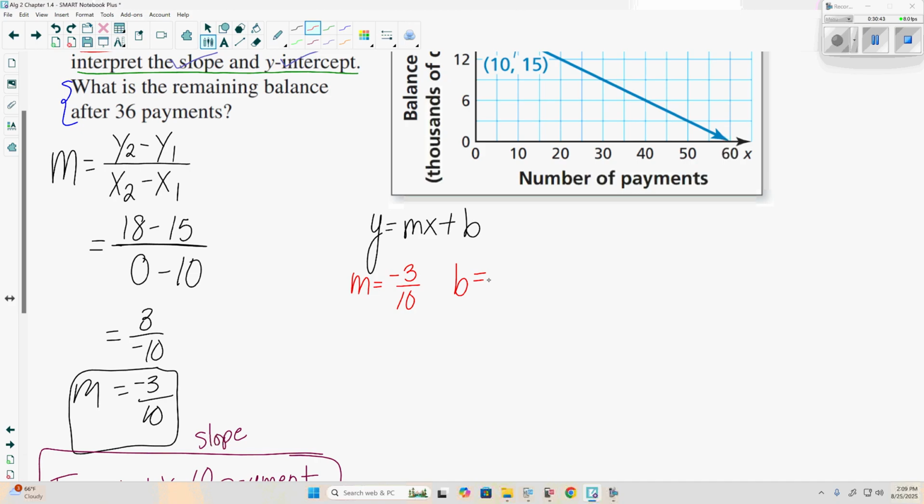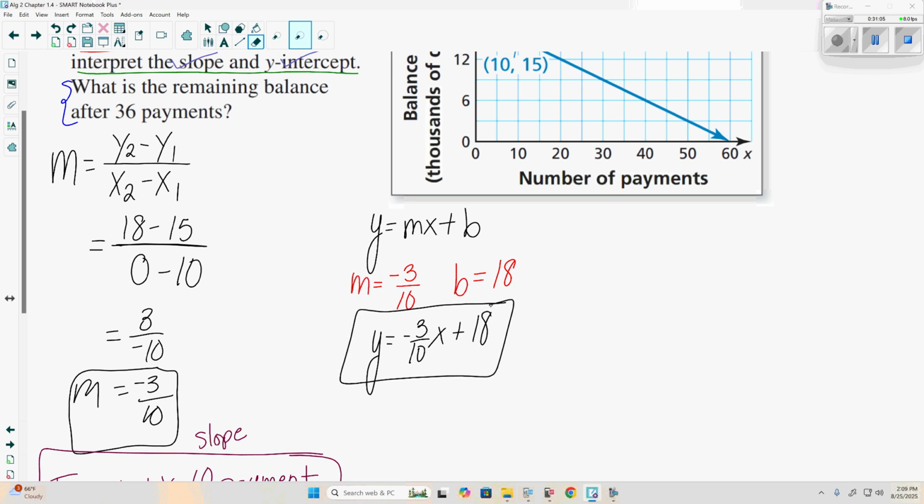And what is the y value at the y-intercept? 18. So all we have to do is plug this in. So y equals, we replace m with negative 3/10, x plus 18. And that's as simplified as it gets. We have the answer. We have our equation of y.